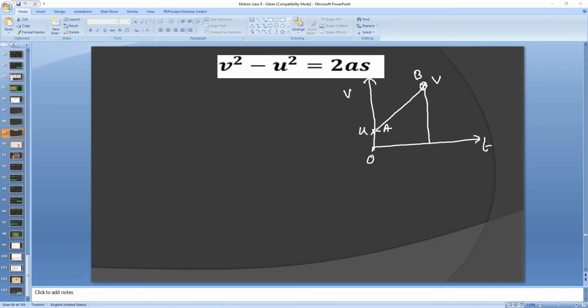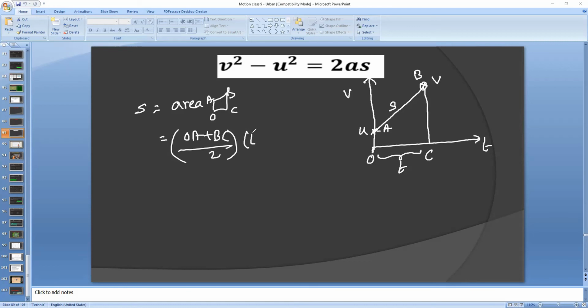This is O, A, B, and C. Now the distance s is equal to the area of trapezium OABC, which means as per the trapezium formula, (OA + BC)/2 into base.